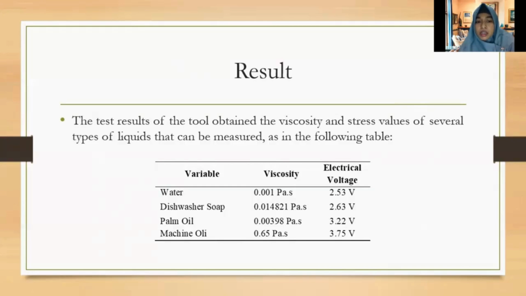The highest result is machine oil, which has a viscosity of 0.65 Pascal second and an electrical voltage of 3.75 volts.